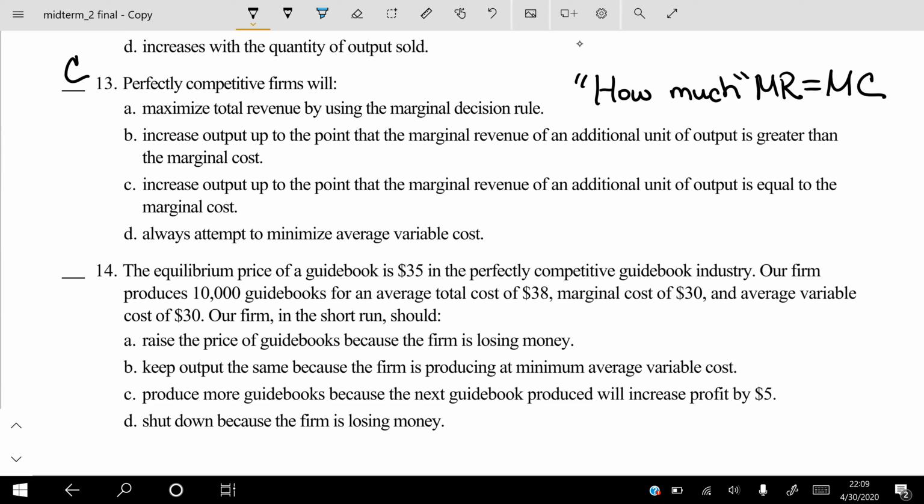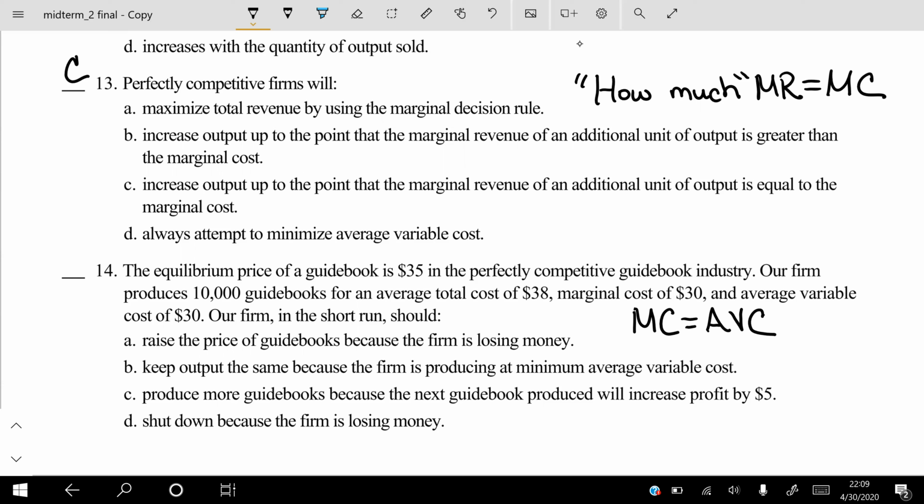Well, we see that MC is equal to average variable cost. And so what does that tell us?